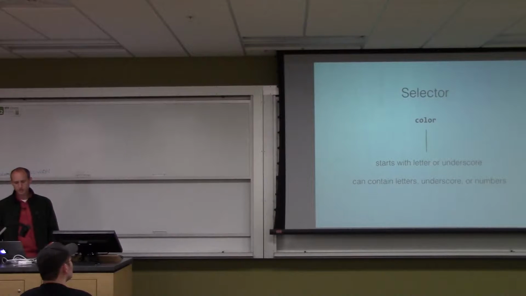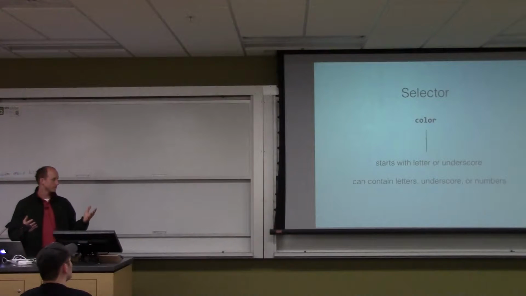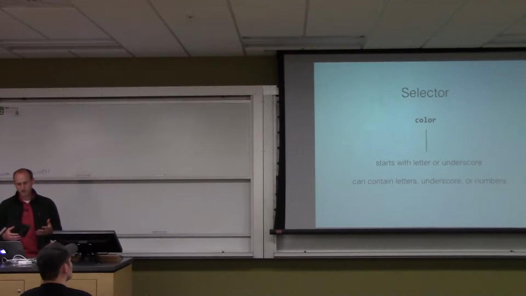So we'll get down to the nitty-gritty here, where I chose in this case to define a selector. To me, a selector is kind of like a variable. So I chose some rules to define it the same way that most rules follow in a lot of programming languages. It can start with a letter or an underscore, and it can contain letters, underscores, or numbers.